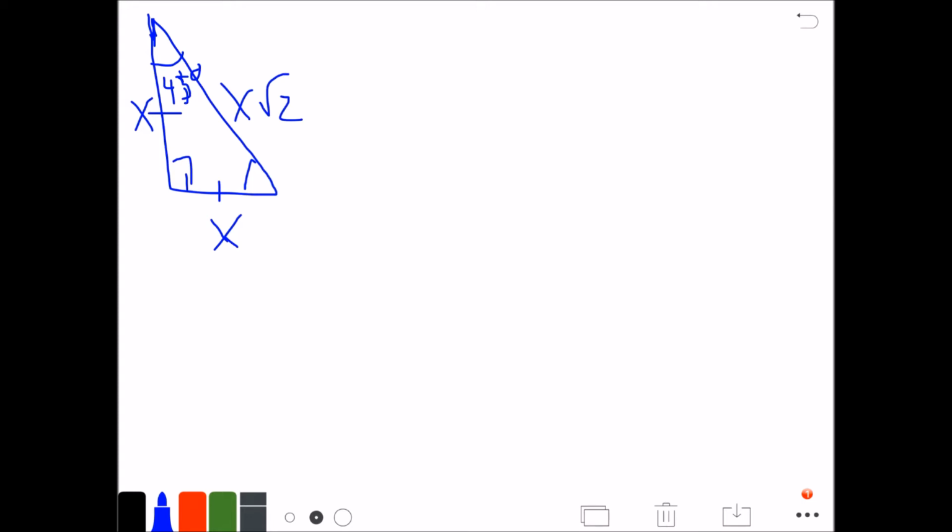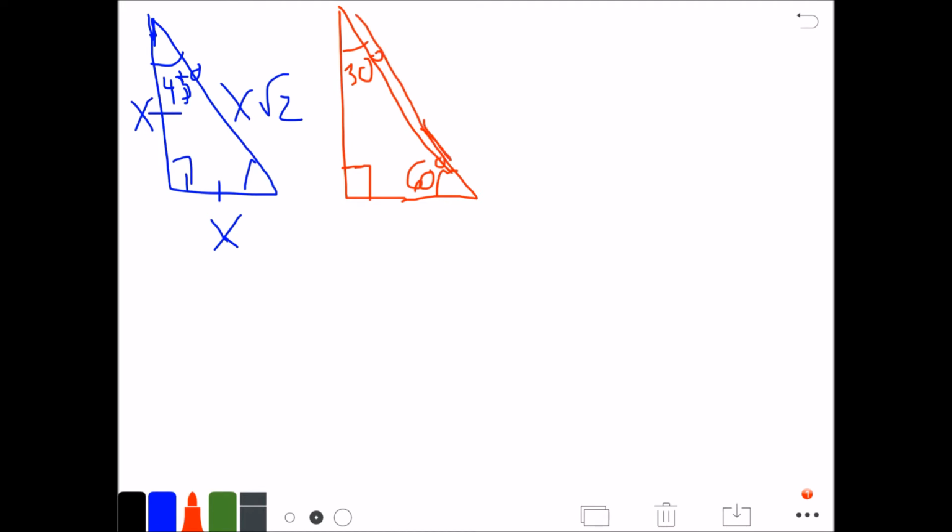So the other type, let's do this in red, is the 30-60-90 triangle, which I'll label as 30, 90, and then 60. Oh, okay. They died on me. I'll just redraw that.